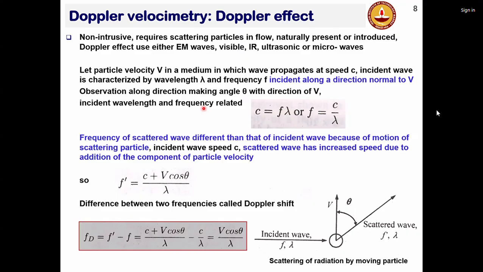The sound waves do not obstruct the flow field, and that is why these are non-intrusive methods. The Doppler effect can use electromagnetic waves, such as visible or infrared waves, or ultrasound waves or microwaves.